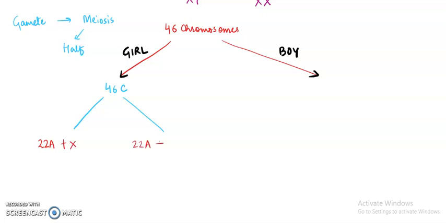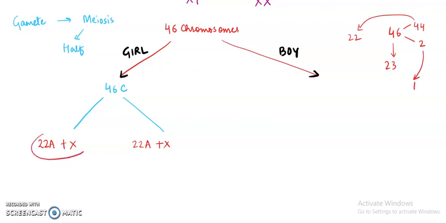Both the gametes will be similar to each other, because the idea behind meiosis is that if the chromosome number is 46, it would be 23 in the cells formed by meiosis. We have seen that 46 chromosomes are divided into 44 plus 2. So out of 44, 22 will go, and out of the 2, 1 will come.